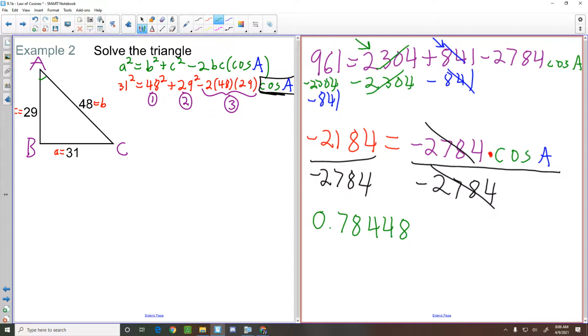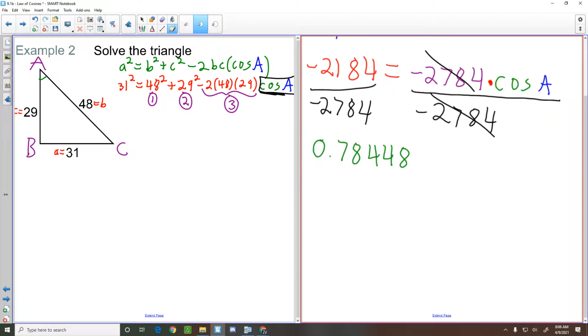Remember, in the middle of the problem, I'd suggest keeping more decimals than you think is necessary. Go like 5 or 6 of them. And don't round off until like the very last step. And so this equals the cosine of A. So we finally got the cosine of A all by itself on one side.